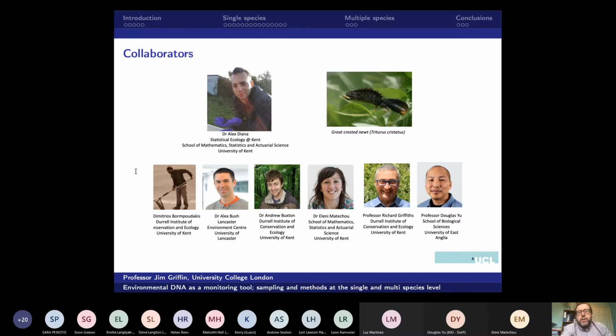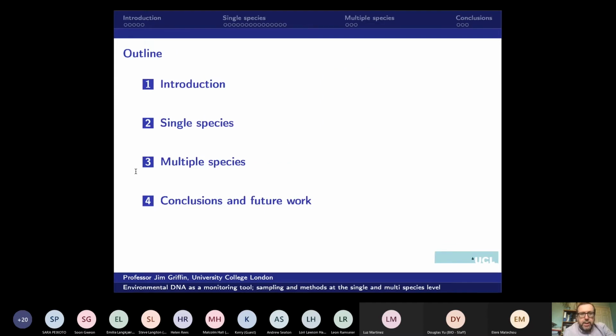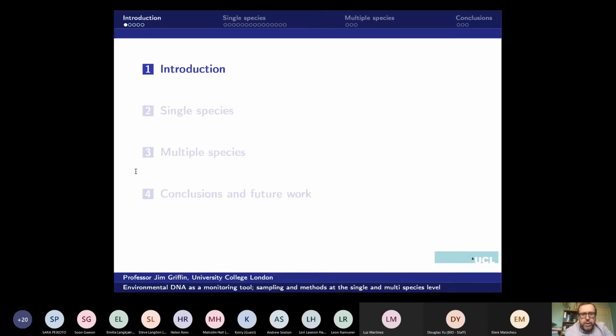Now we're moving into multi-species models with metabarcoding, working with Alex Diana, Alex Bush and Doug as well. I'll talk mostly about the single species case, then say a little about the multi-species extension, and then conclude.